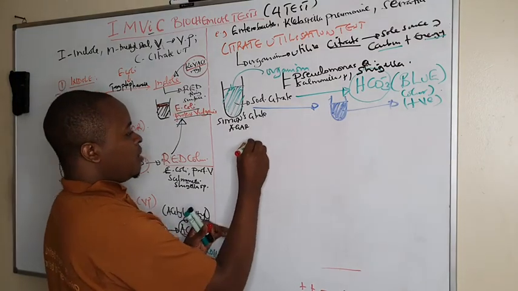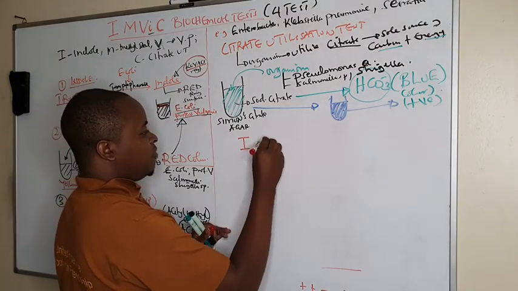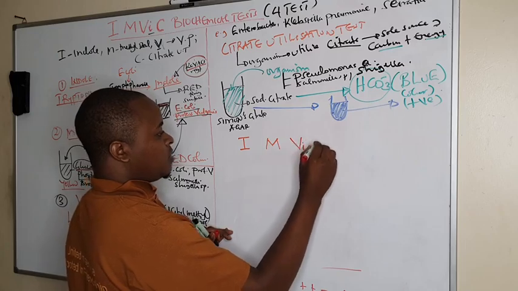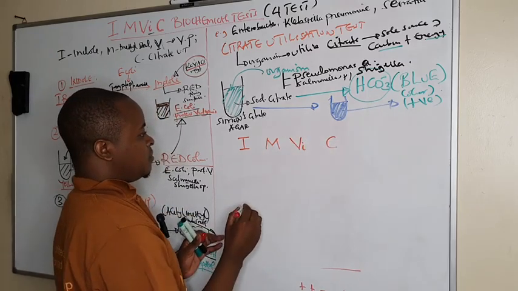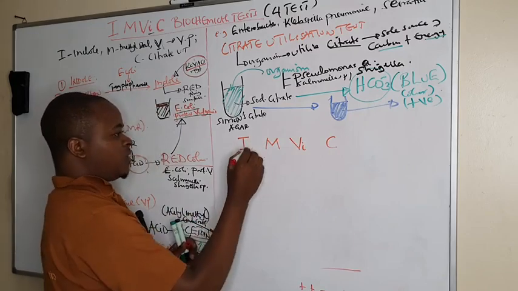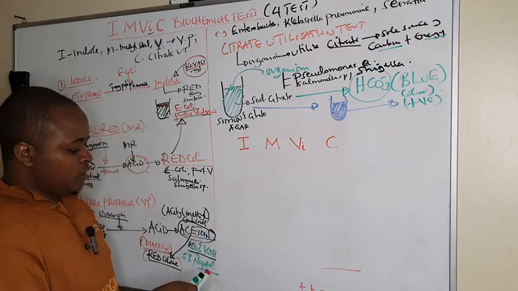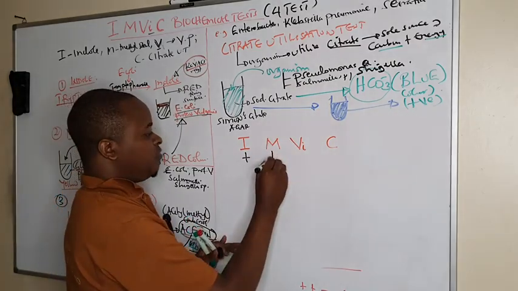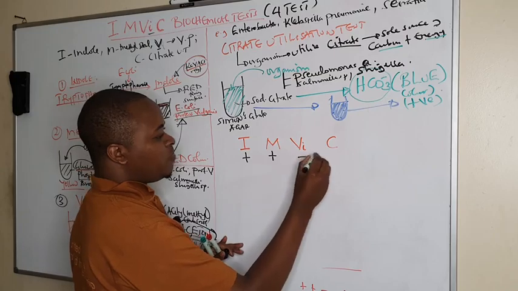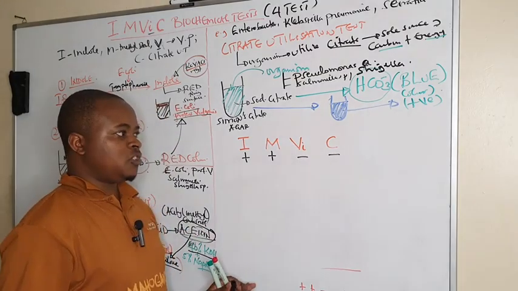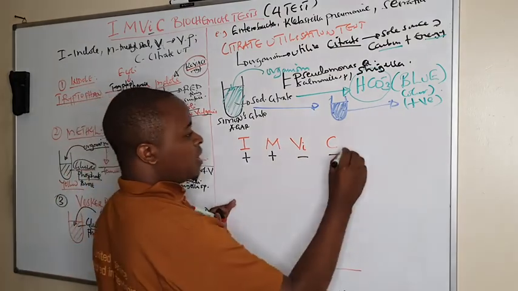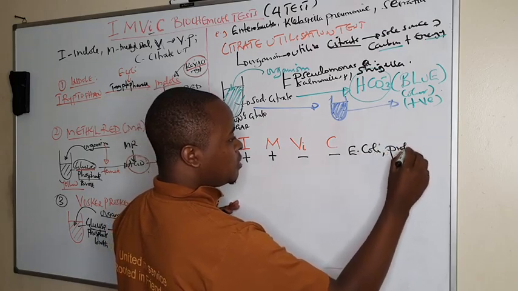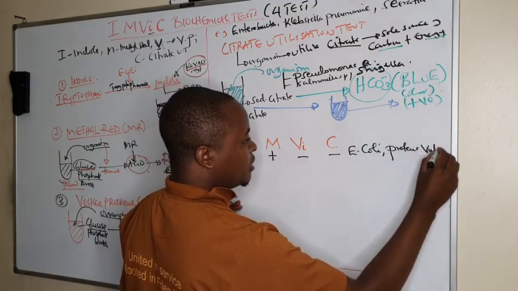I have here I, that is indole, M, that is methyl red, V, then I have C. So if you find the organism is positive for indole, positive for methyl red, negative for VP, and negative for citrate utilization, here we can suspect organisms like E. coli and Proteus vulgaris.